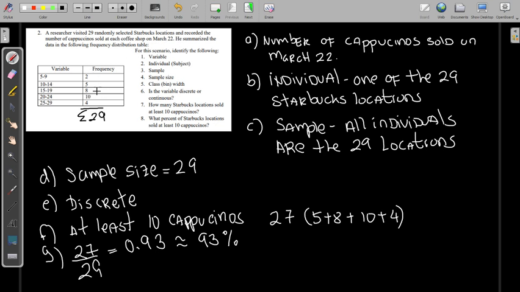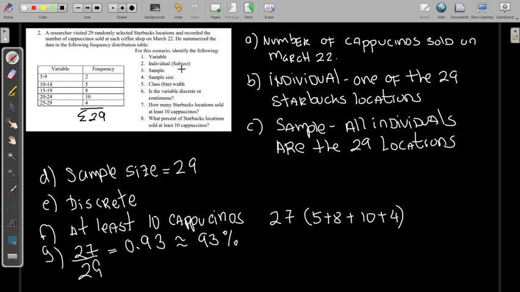So this is the way that it is explained. So the variable is the number of cappuccinos that were sold on March 22nd. So it's very specific as to what they need. The second question is the individual. In other words, who was providing the information? They went to collect the number of cappuccinos. So where did they go?